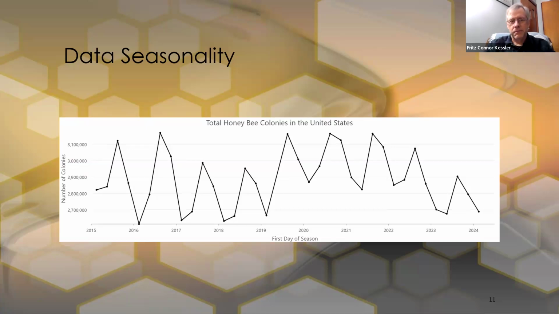So there's a cycle to the bee colonies. But if you notice that in 2020, 2021, and 2022, that seasonality is greater, and then it decreases. I mean, that was a period of COVID.